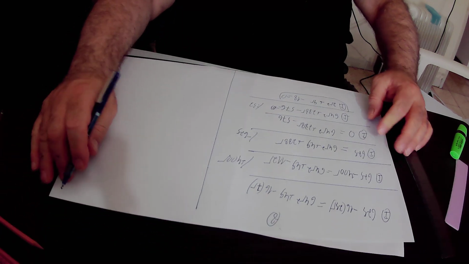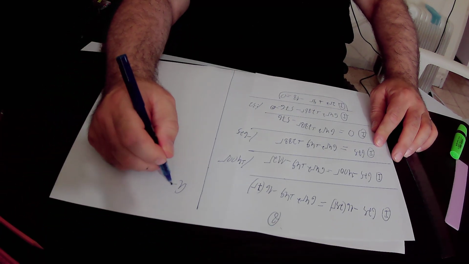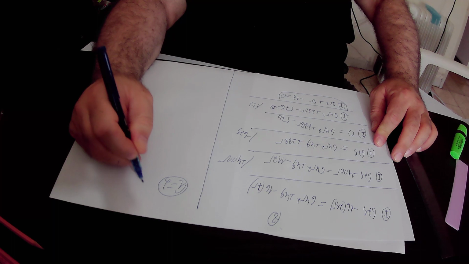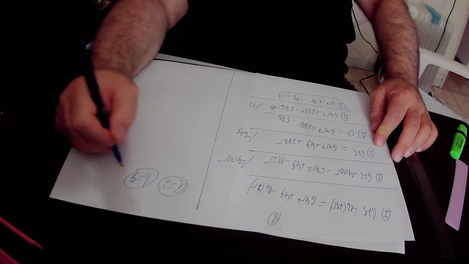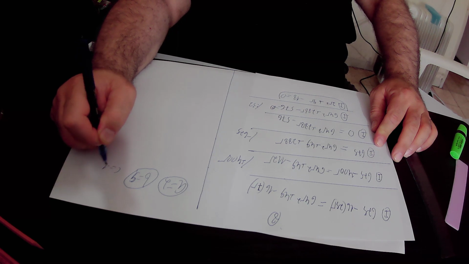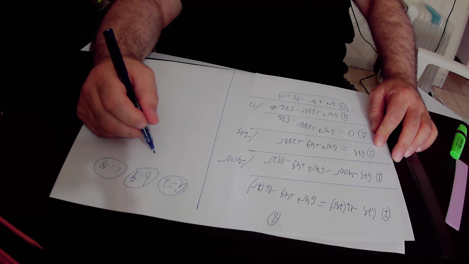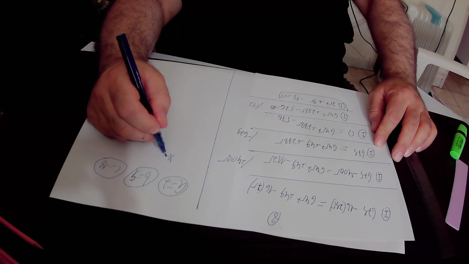In this quadratic equation, the coefficient a equals 2, the coefficient b equals 9, and the coefficient c equals minus 18, and the variable that we are looking for is r, so x equals r.